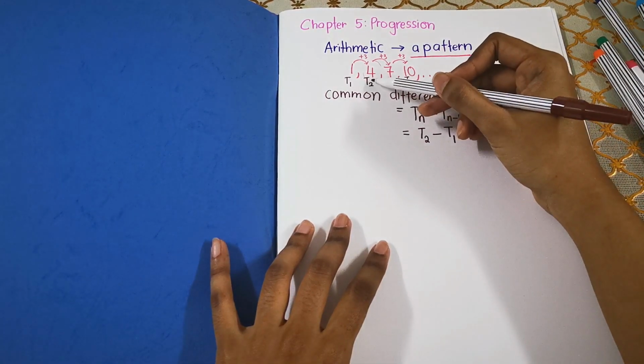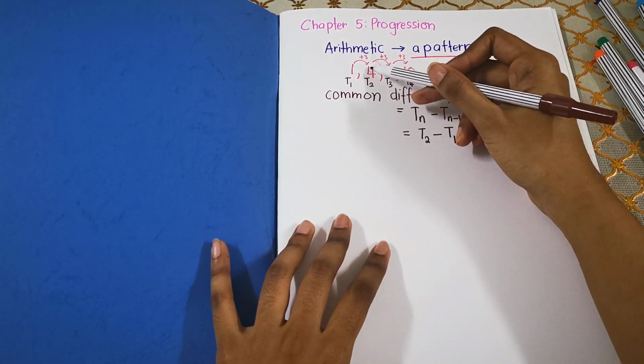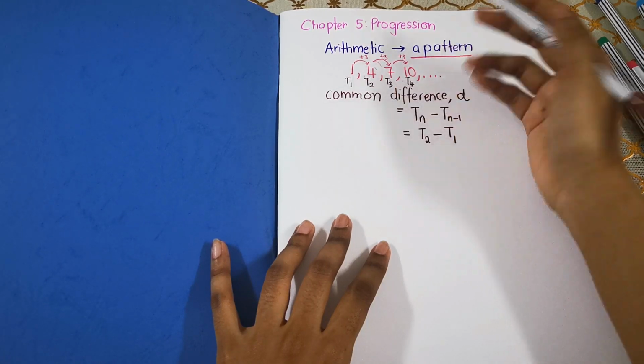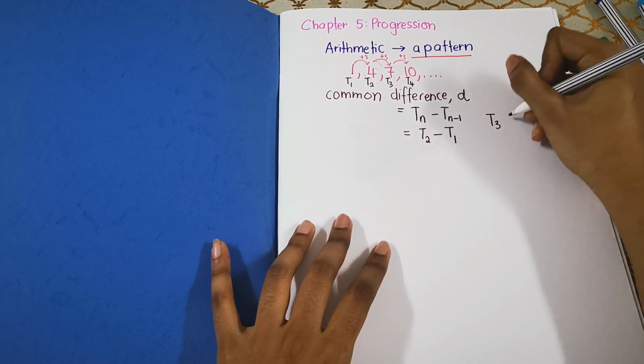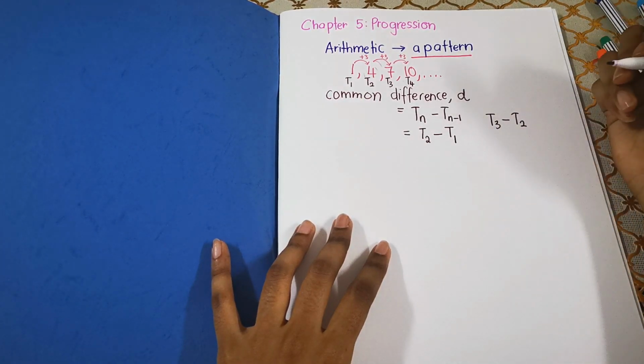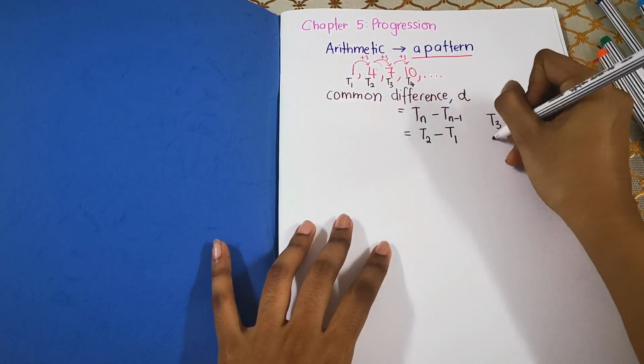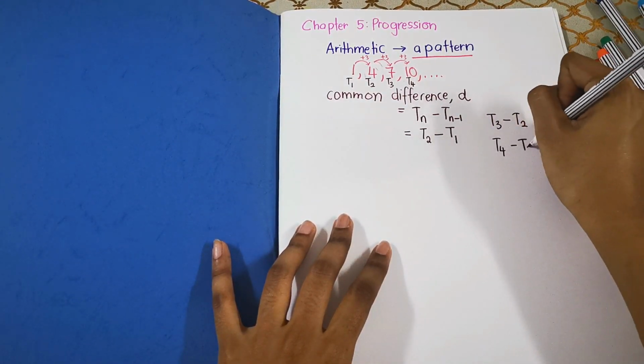You must always take the term minus the term before it. For example, if you take term 3, you must subtract term 2. If you take term 4, you must subtract term 3.